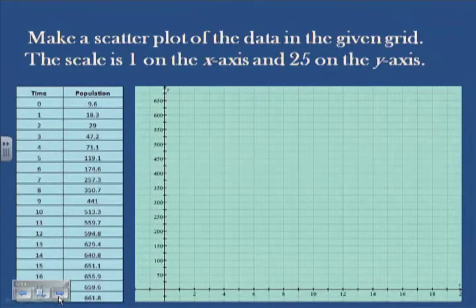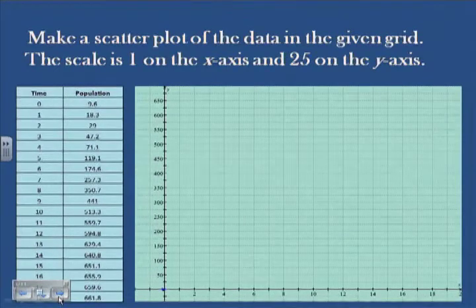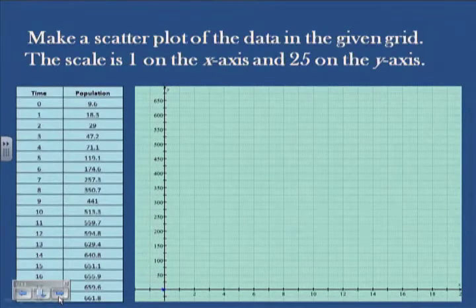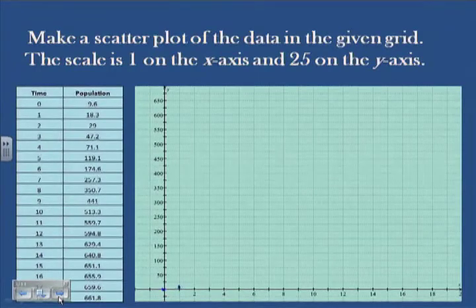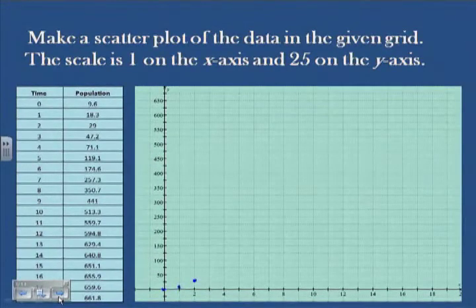So at time 0, we're down about here. Oops, that went a little low. 1 is at about 18. 2 is at about 29. Now take a few minutes and plot that. In fact, you might want to pause me so that you can get those all plotted.